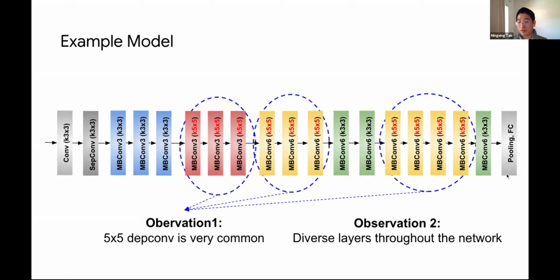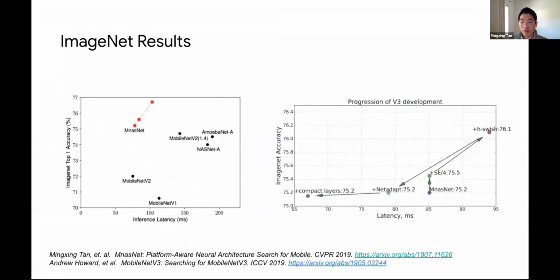Another thing is, if you look at this network, there are many layers, and these layers actually have different structures. Some of them are 5x5, some of them are 3x3, some of them are MBConv3 or MBConv6. So diversity is important, and it was figured out by these controller algorithms. These results are summarized on ImageNet using AutoML.